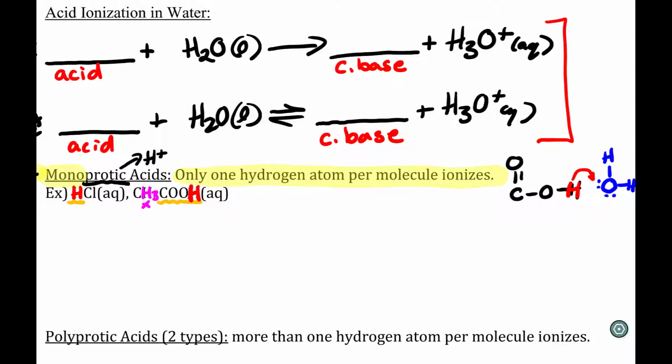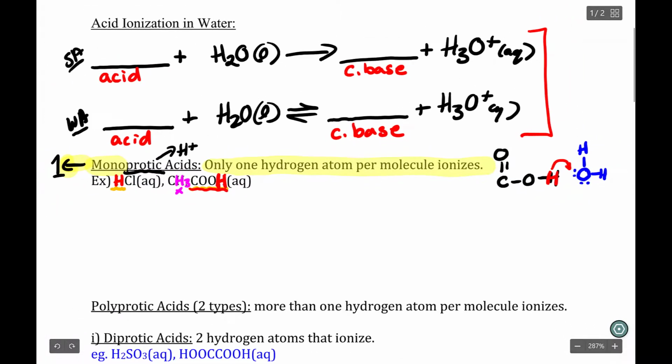So just keep in mind that whether it's monoprotic or diprotic, which means it has two protons, or triprotic, which means it has three protons to donate, you have to have that many COOH groups. Because I only have one COOH group, it can only ionize once.